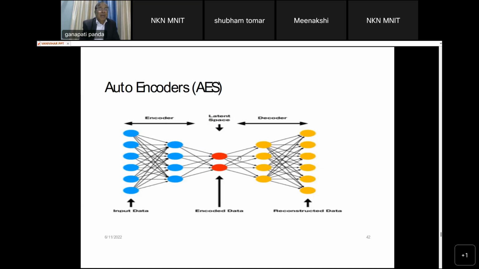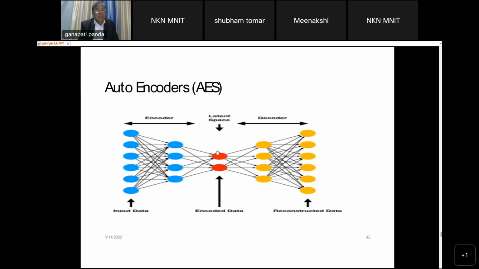This part is called the compressor. The second part is called the expander. Whatever you give as input, you should get the same out through proper learning. Once you achieve this target, you can give any features or objects, or any ECG or EMG or other signal, and you get a compressed value.